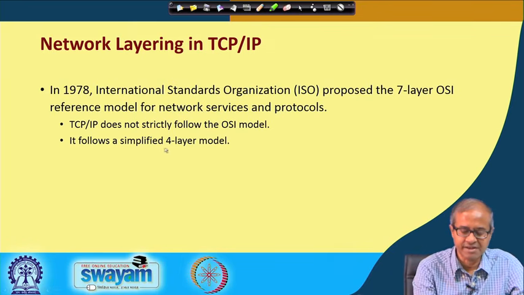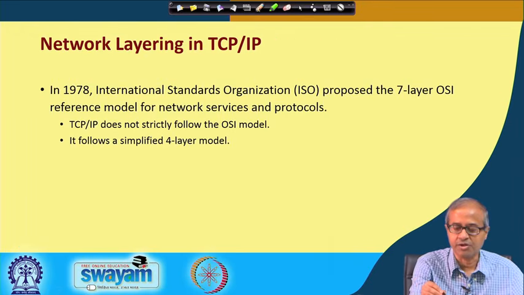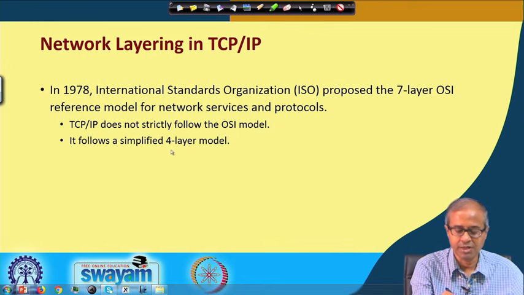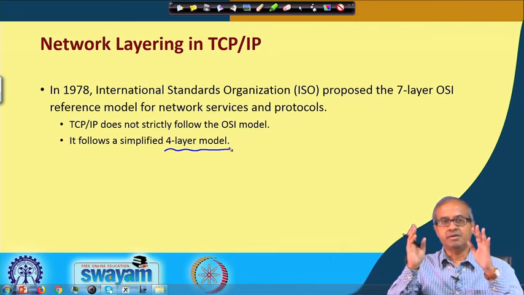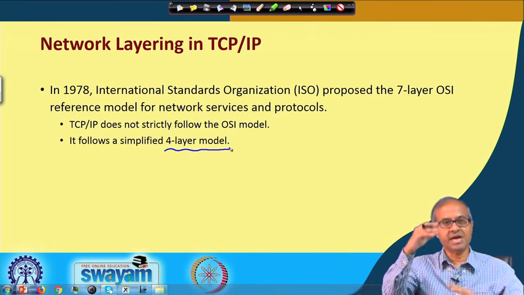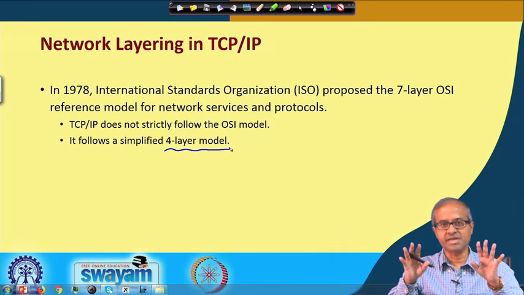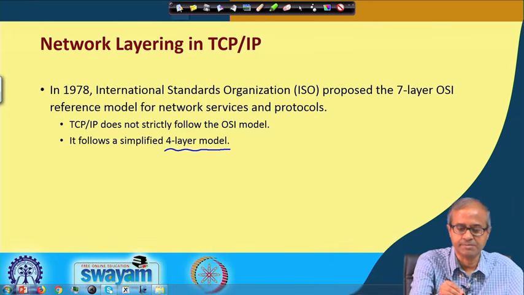In fact, it uses a very much simplified 4-layer model. There are only 4 layers here. So, in contrast to the 7-layer OSI model, TCP IP has only 4 layers. Let us try to see these layerings side by side and try to make a comparison.